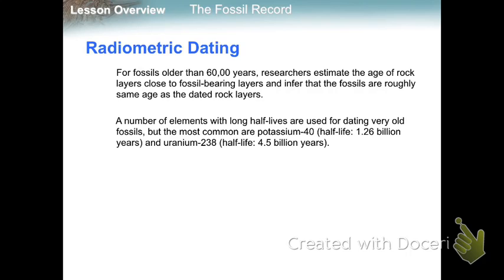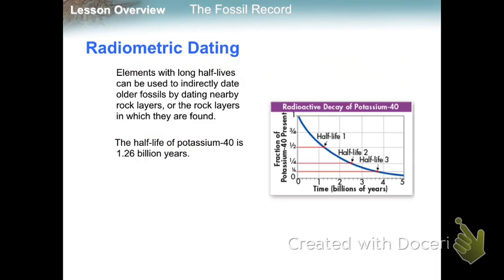For fossils older than 60,000 years, or rock that's older than 60,000 years, we estimate the age of rock layers and infer that fossils are roughly the same age as those rock layers. Look at elements with long half-lives to date very old fossils. The most common, potassium-40, has a half-life of 1.26 billion years, and uranium-238 has a half-life of 4.5 billion years.